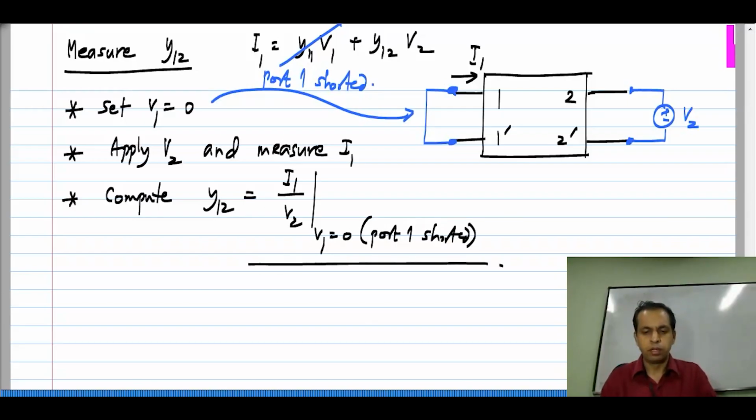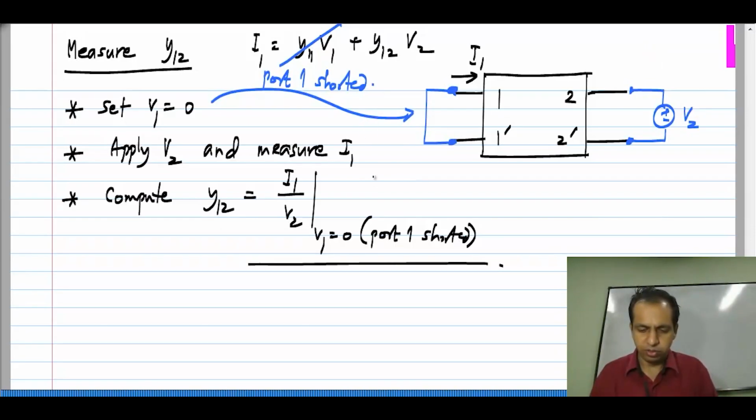So, unlike in the case of conductance, you are measuring the current in port 1, whereas the voltage is applied on port 2. Such a measurement is known as a transconductance measurement. That is, you apply a voltage here and measure the current elsewhere. If you apply the voltage at a port and measure the current at the same port, you will be measuring the conductance. If you apply a voltage at some port and measure the current at some other port, you will be measuring the transconductance.